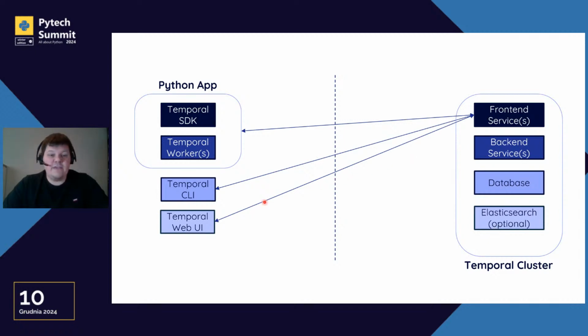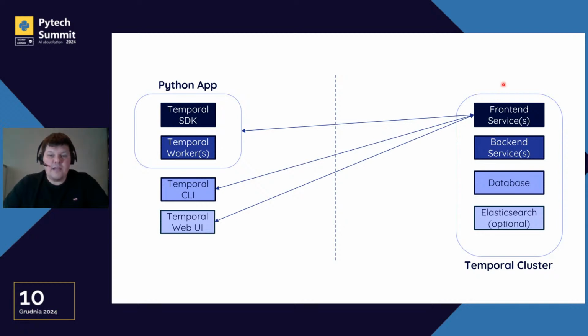On this diagram, we can see all our requests from the CLI, from the user interface, from our Python application, we will send to front-end services. So we don't have access to backend services or the database, for example. We communicate to front-end services.